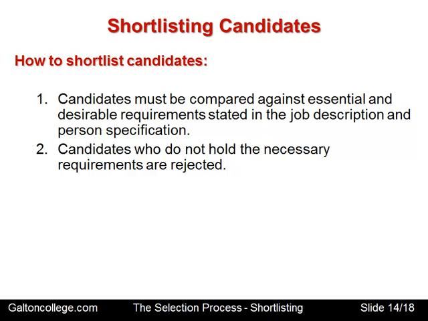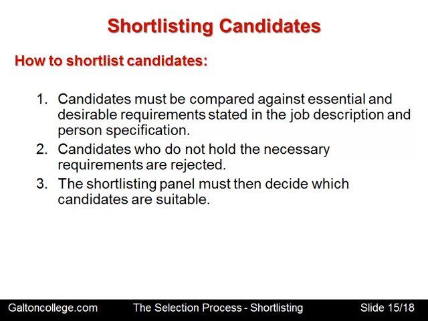The candidates who don't hold the necessary requirements, well, those are rejected. So simply by going down the desired criteria as set out in the job description, the person specification, if a person does not meet that, then they are rejected. So it's comparison with the job description and the person specification. The shortlisting panel must then decide which candidates are suitable.